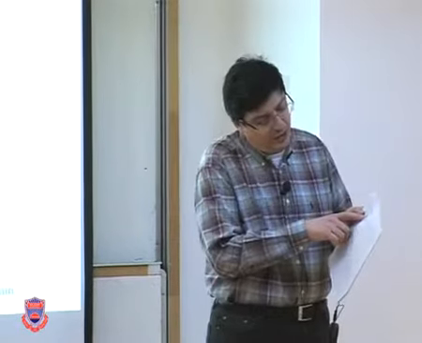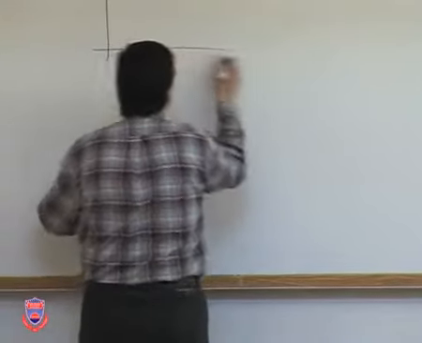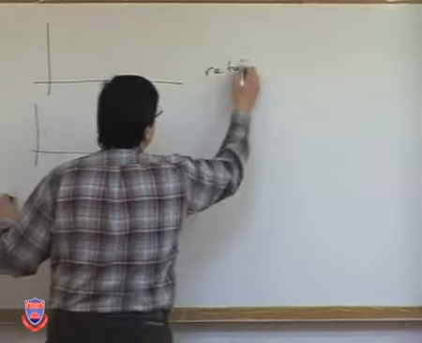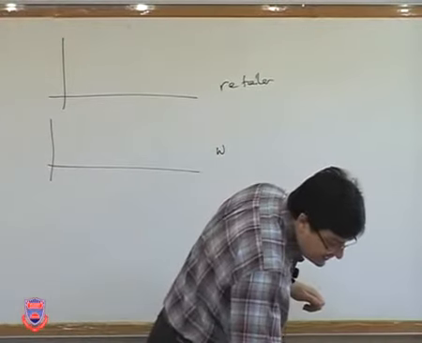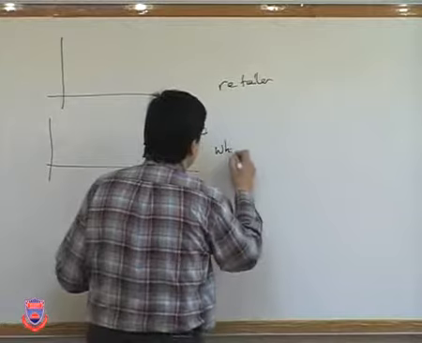Now, to understand what's happening, let me draw it here. Let's say that these are the inventory levels at the retailer, and the second level is the wholesaler.